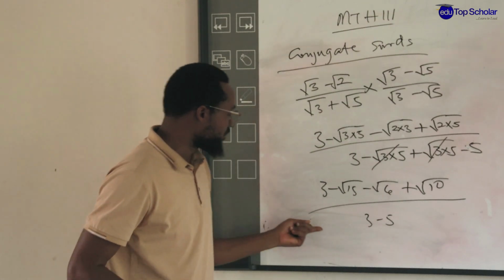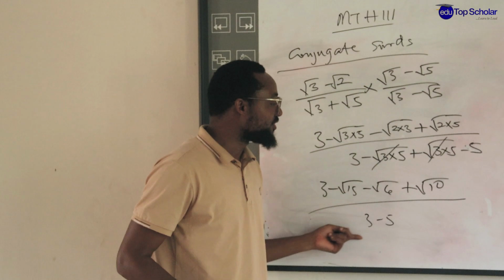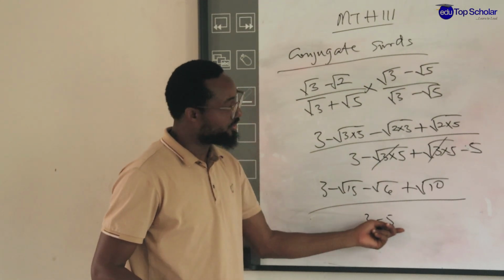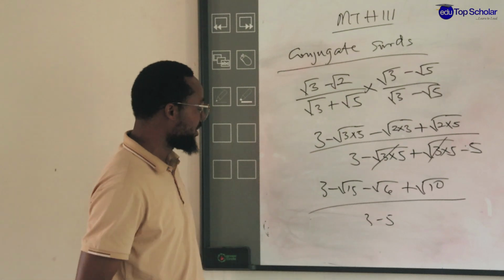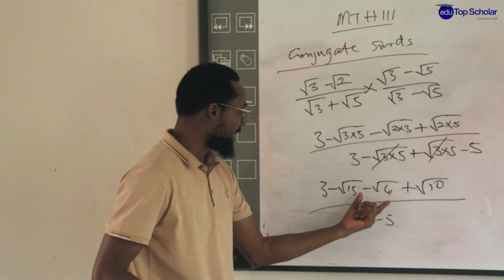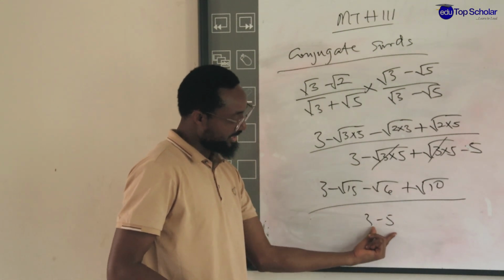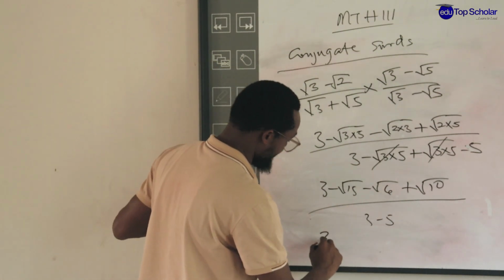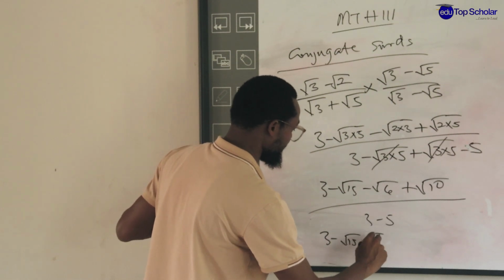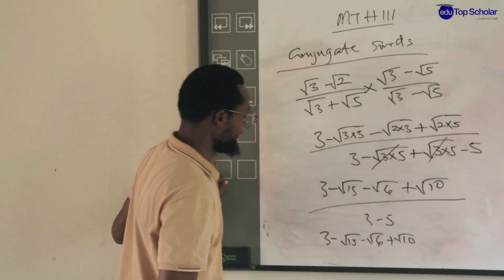Because the middle terms cancel, it will give us 0. And this is what we want to achieve, that in the denominator we no longer have a surd, because it is an irrational value. We don't want to have it in the denominator so that it will be easy for us to perform operations. I didn't choose something that will give us a light solution, but at least you can see the result: 3 minus root 15 minus root 6 plus root 10.